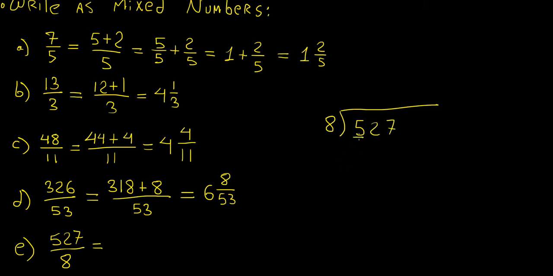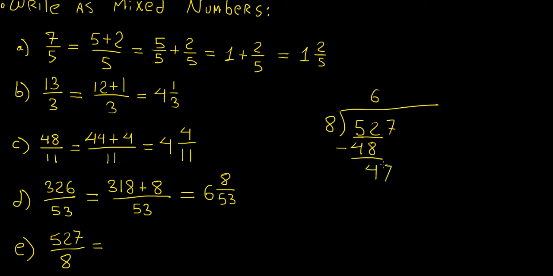If we grab the first digit, 8 does not fit into 5, so we need to grab the next one in line, which is 2. How many times can you fit 8 into 52? Well, 8 times 6 is 48. That's close enough, so we multiply by 6. Now we subtract that and we're left with 4.